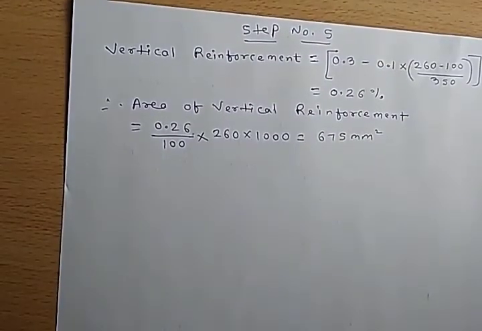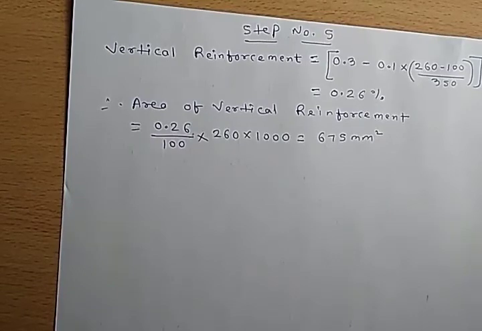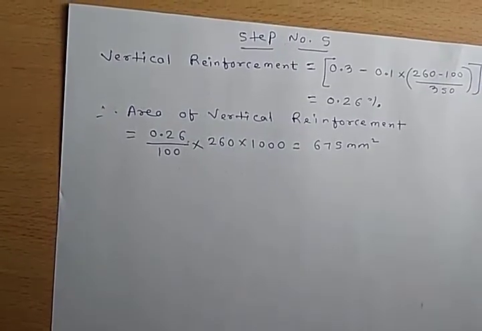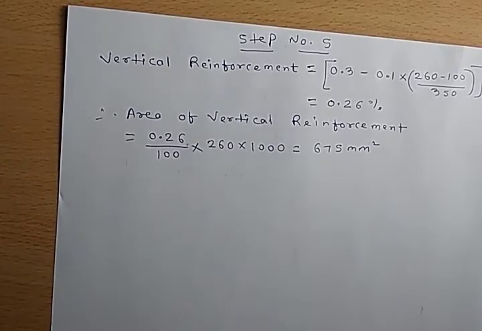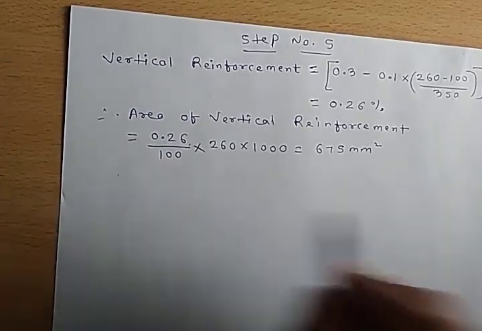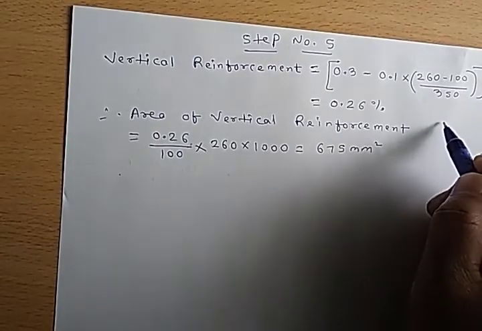So that is 675 mm square. So therefore we got it here, 675 mm square. Now area required on each face. So we need to calculate area.